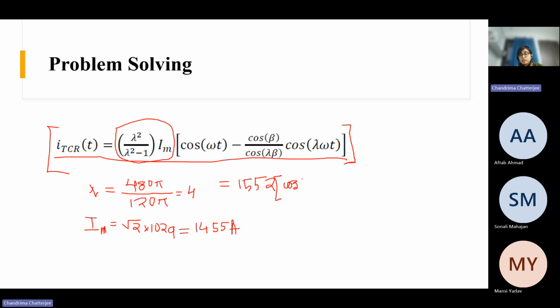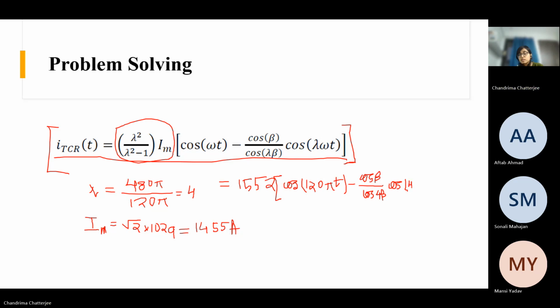So this is omega t, that is, this will be 120 pi t, then minus cos beta, where beta is the angle of advance, and in the denominator cos 4 beta. And here, lambda omega t is nothing but omega r t, where omega r is the resonant frequency.